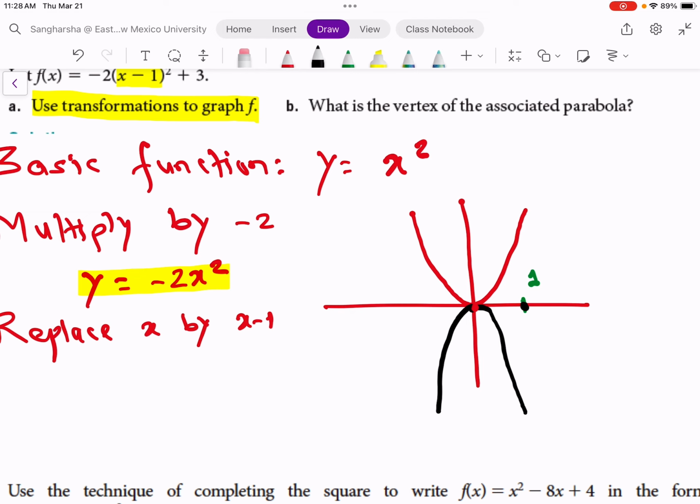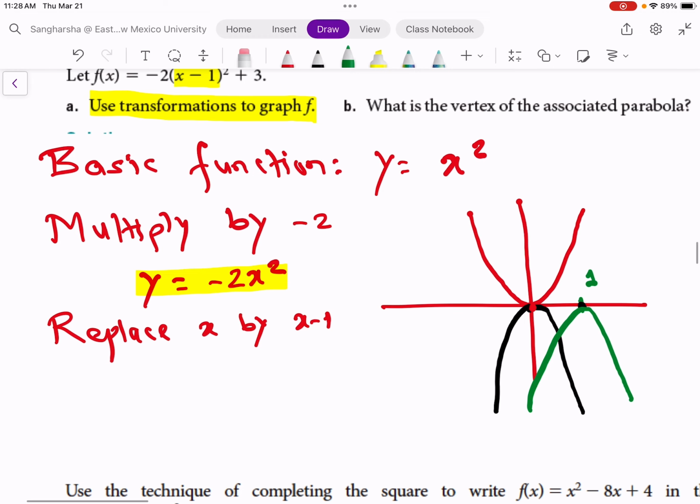So the graph we're going to get is this graph. Let me rewrite: now my function becomes y equals negative 2, and instead of x we have x minus 1 squared.